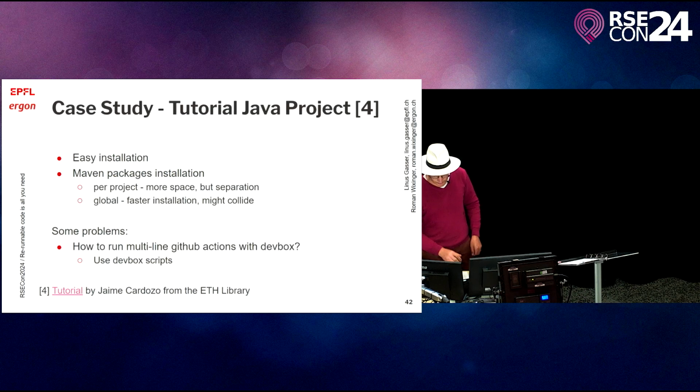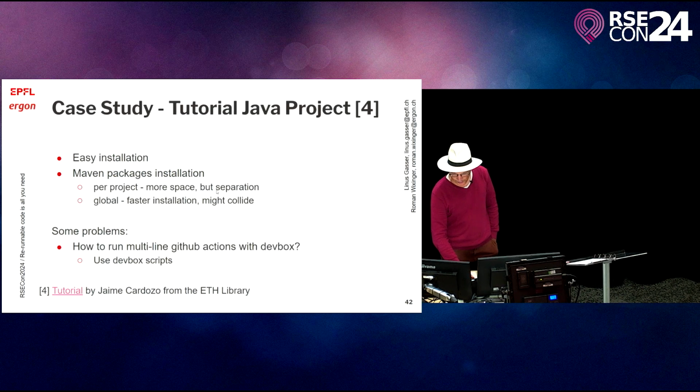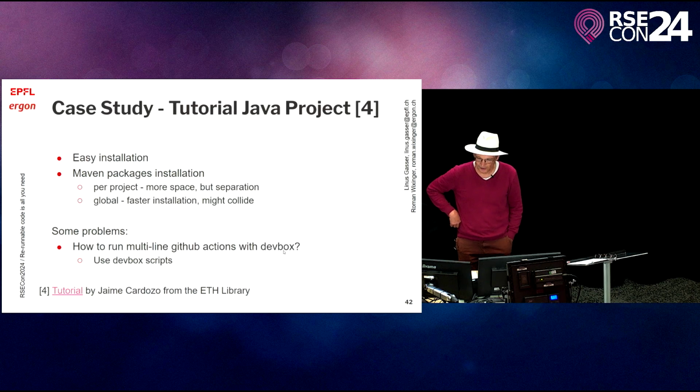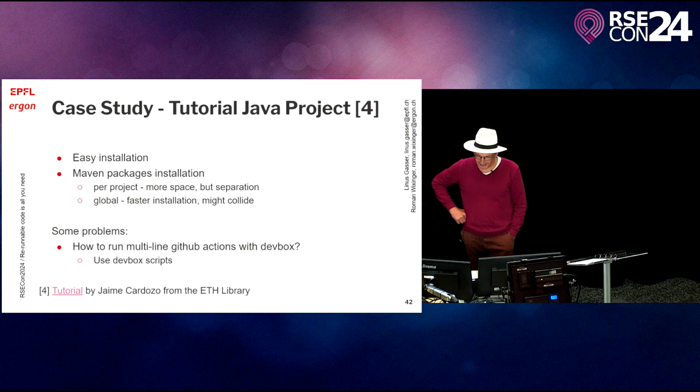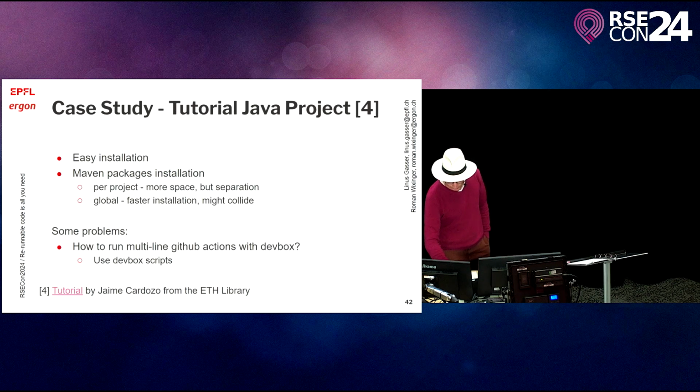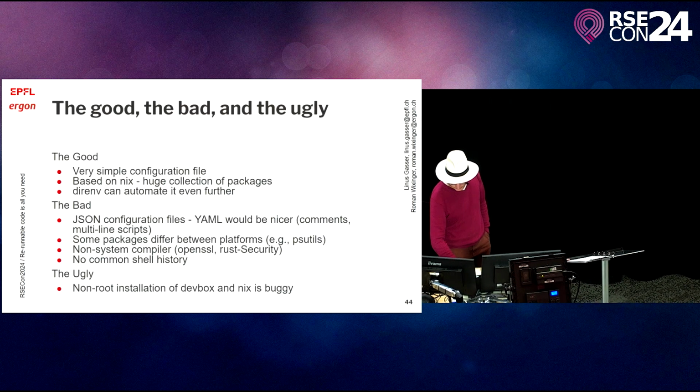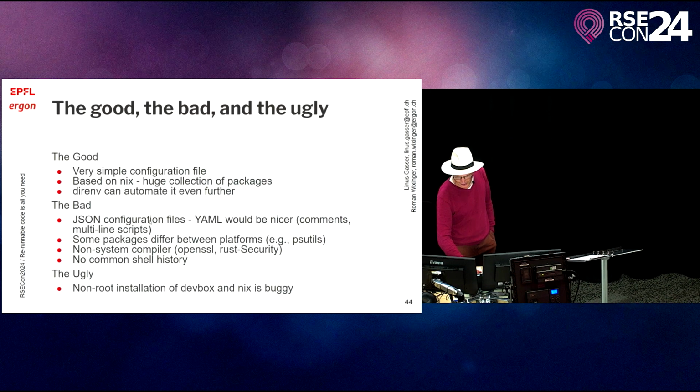And one grief he had was that making multi-line GitHub actions is a bit difficult with DevBox. Of course, you can use DevBox scripts, but that's also one thing I didn't like too much about DevBox, using JSON for the configuration files.